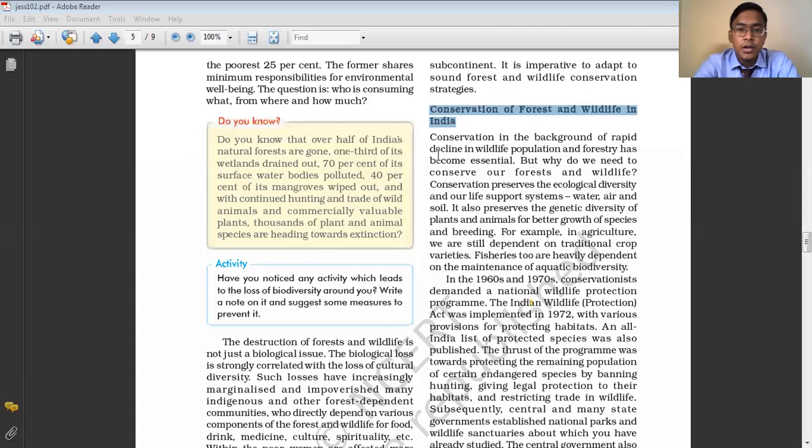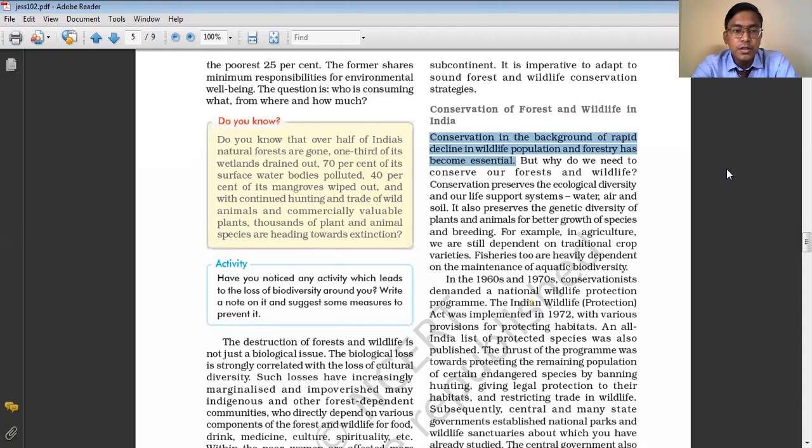So conservation, in the background of rapid decline in wildlife population and forestry, has become essential. As we saw in the data, the forest and wildlife resources have declined to a very large extent, so it has become very essential to conserve them.